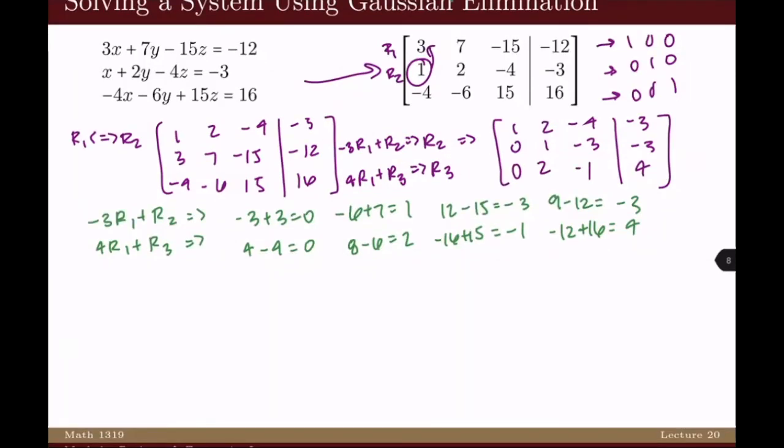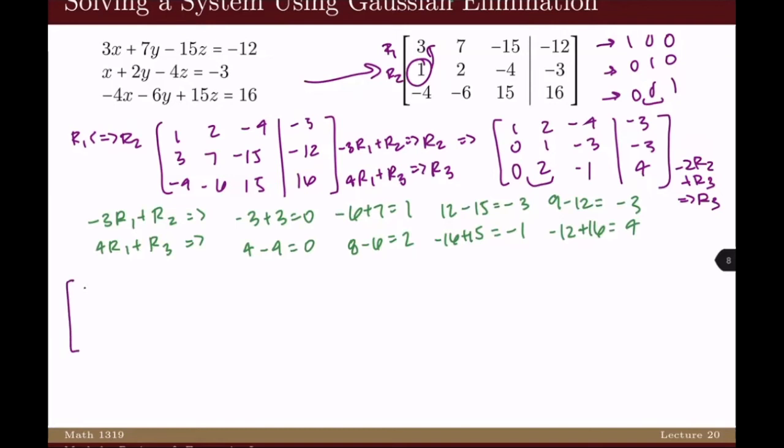Okay, so what we're going to do next is try to get rid of the 2 in row 3 because we want a 0 there. How we're going to do that is we're going to do -2 row 2 plus row 3 to give me my new row 3. So my top row is not changing.